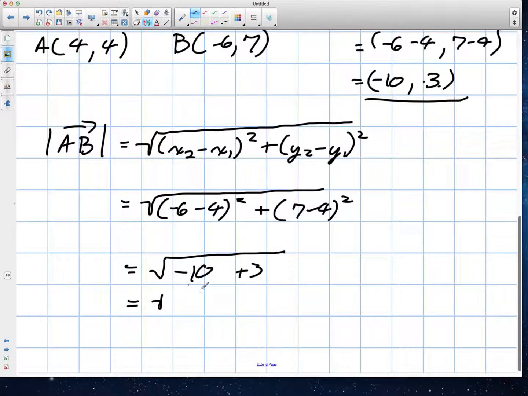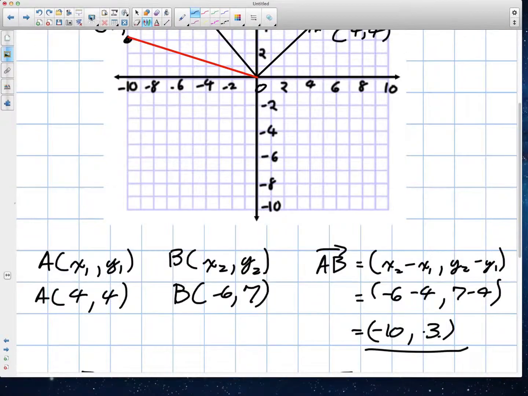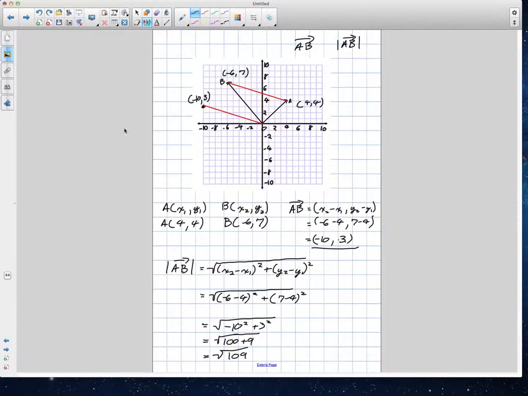So the root of 100 plus 9 gives us the root of 109. Again, not an even whole number, so we're just going to leave it in our radical form. The distance of line AB is root 109 in this case. That would be considered our magnitude.